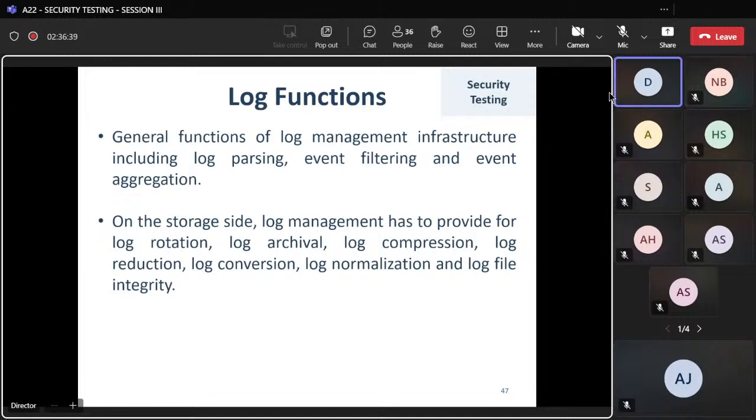Then log reduction based on the requirement. You may not store the entire logs, probably some reduced content or information which is critically required for the analysis. Then conversion, the format conversion basically, normalization, and also the controls to protect the integrity of the log files. So these are the various activities that come under log management on the storage side.